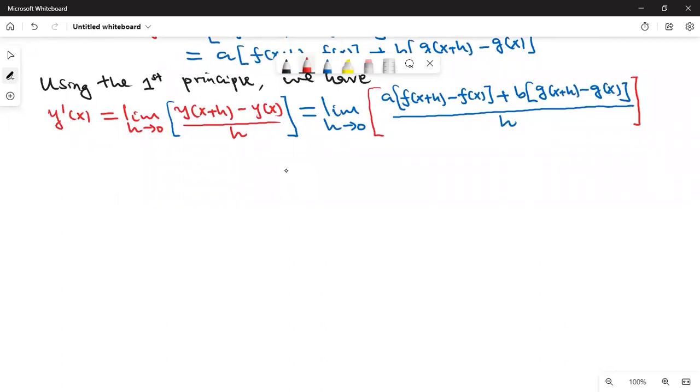Now, this thing can be written, in another color, I can use red, it is still equal to limit as h approaches 0 of a times f of x plus h minus f of x, this you divide by h.